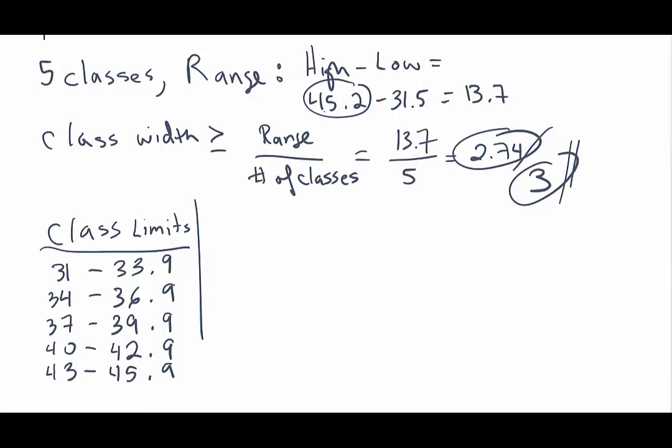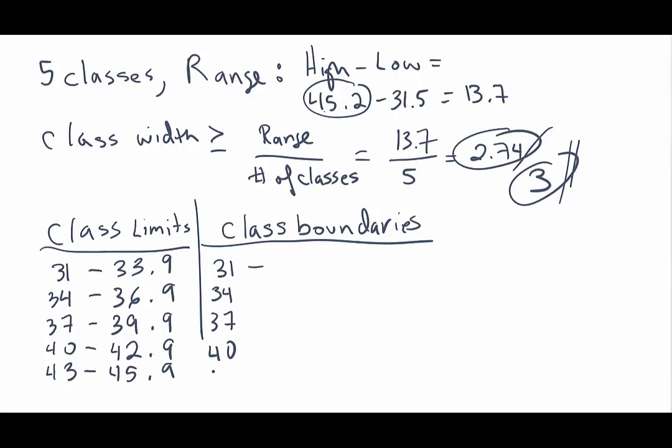If you had decided to create class boundaries starting over from scratch, we would have done basically the same thing. We would have started at 31 like the problem requested. We would have done the same adding of 3, adding 3 to every item in the left column. So 31, add 3, you get 34, then 37, then 40, and then 43. Same thing as we got before. However, now you could just end up at 34 for the upper boundary because you want these two to match if you're using boundaries.